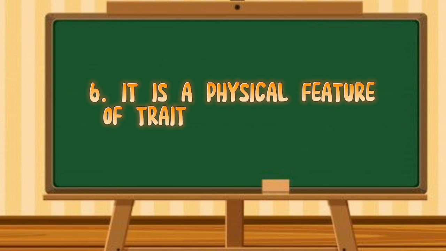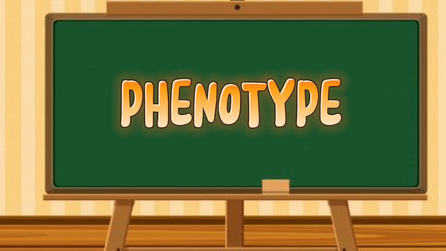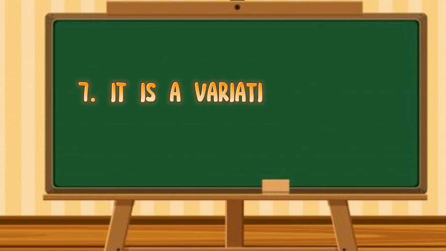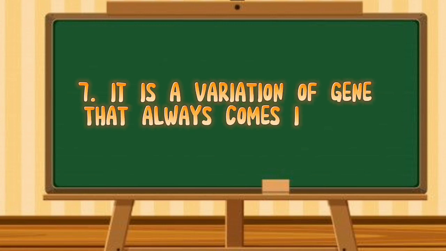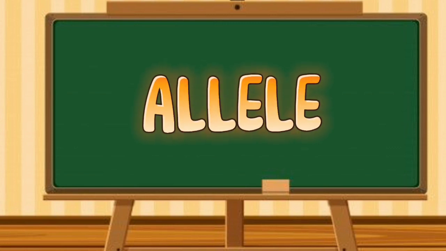genotype. 6. It is a physical feature or trait of an organism. It is phenotype. 7. It is a variation of a gene that always comes in pairs. The answer is allele. 8.